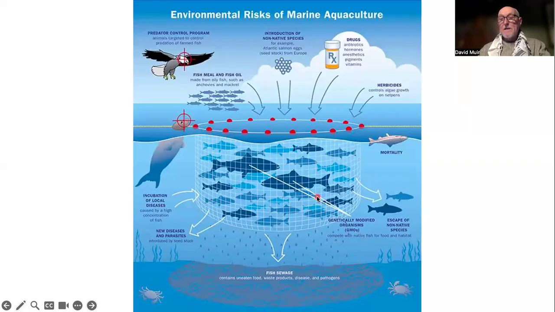And the first thing is that these systems have proved to be incubators of disease which can spread to wild populations. The other major problem with this is these pens and ponds and everything are imperfect, and things will escape from them.